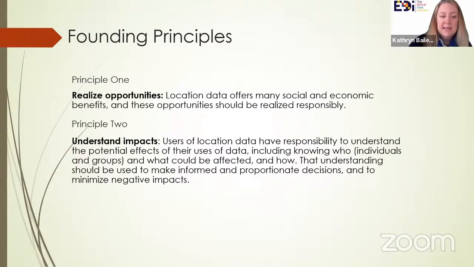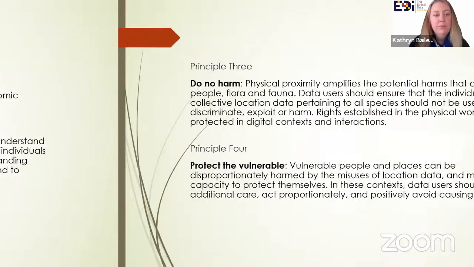Principle 2, understanding impacts. Users of location data have a responsibility to understand the potential effects of their uses of data, including knowing who, individuals or groups, and what could be affected and how. That understanding should be used to make informed and proportionate decisions and to minimise negative impacts.